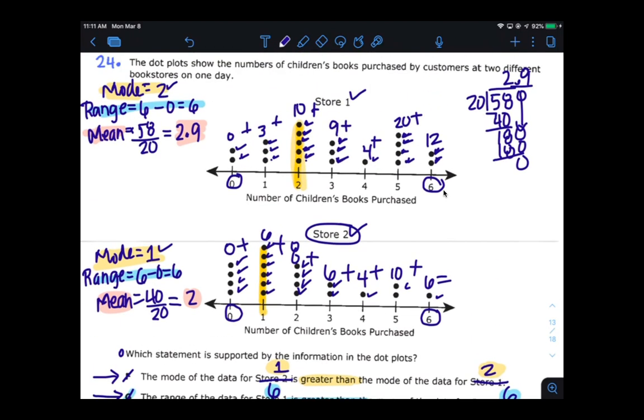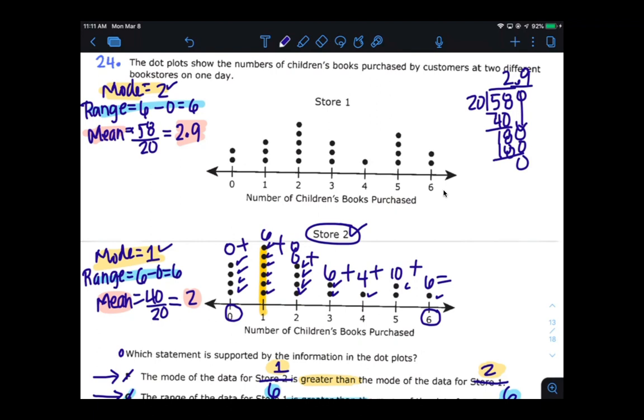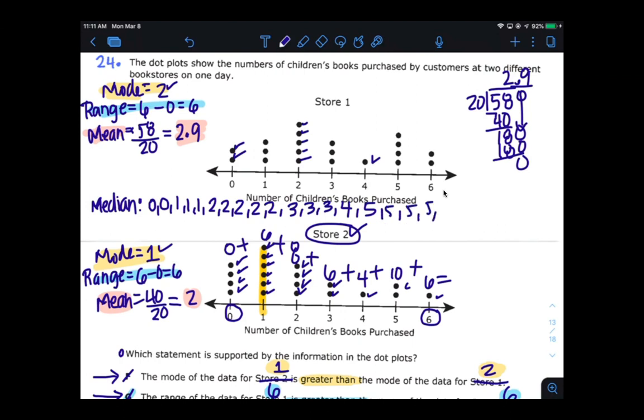To find the median, boys and girls, what you have to do is write all of the numbers that you have, in order, and then find the number in the middle. So to find the median, let's say for store 1, because we are reviewing here, you will write 0, 0, then 3 ones, 5 twos, 3 threes, 4 fives, and 2 sixes.